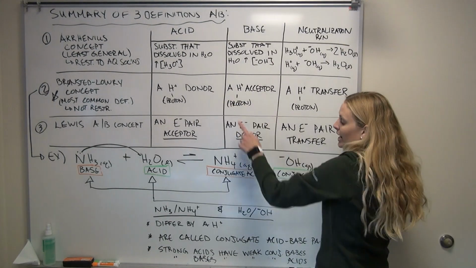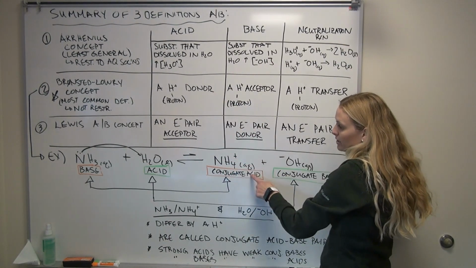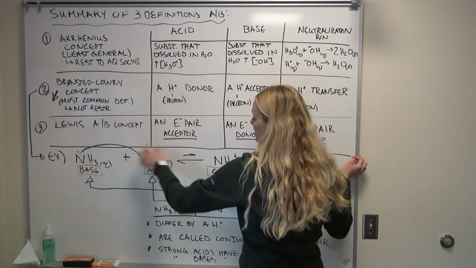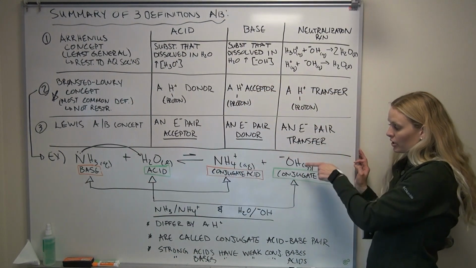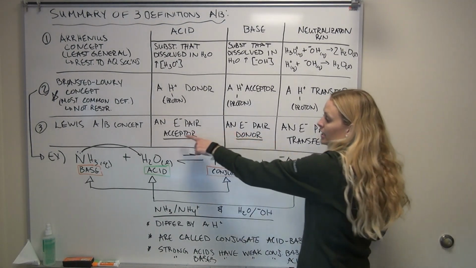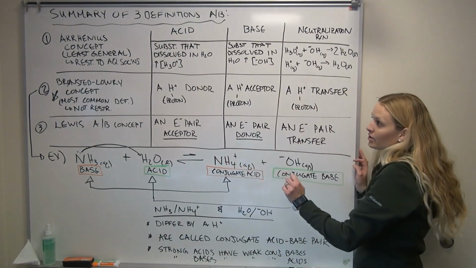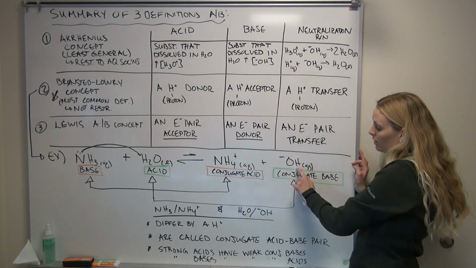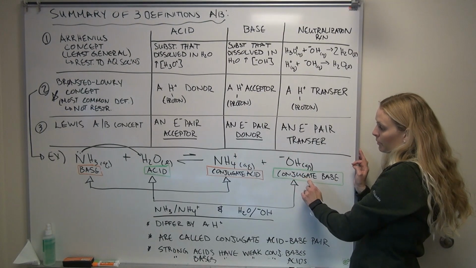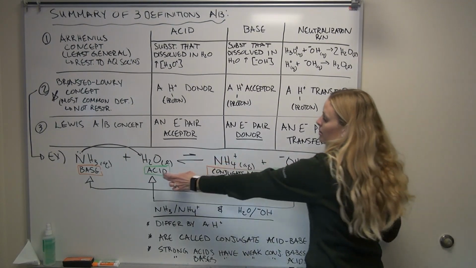Things that donate. Acids donate. So this is the conjugate acid, and that was the base, so acid and base pair up. And this was the acid here. In this direction, it went from OH minus and gained a proton. Acids donate, bases accept. So this accepted a proton from here, so it's the conjugate base.